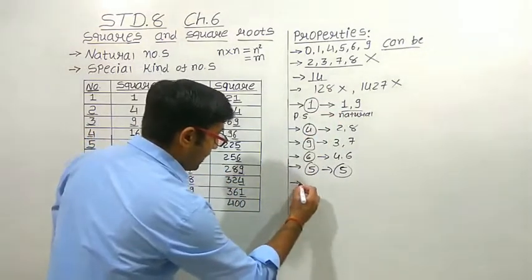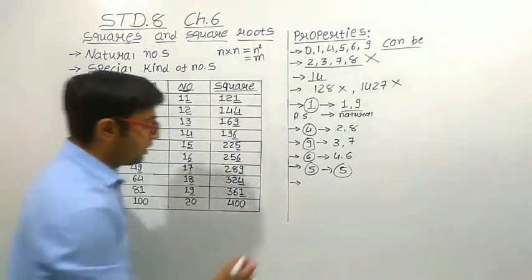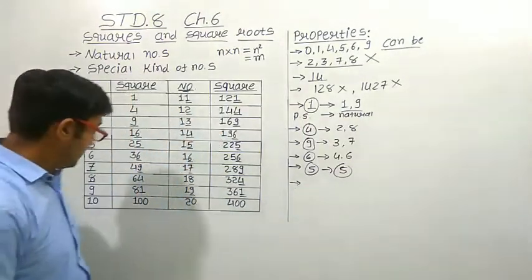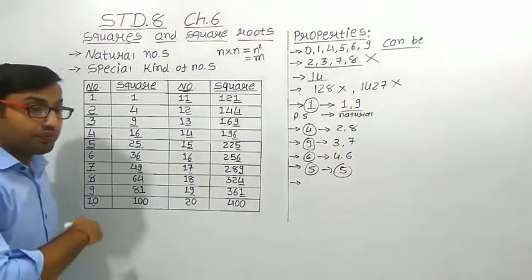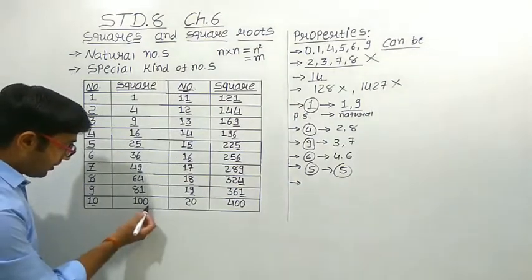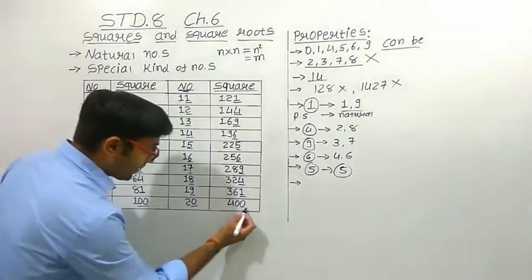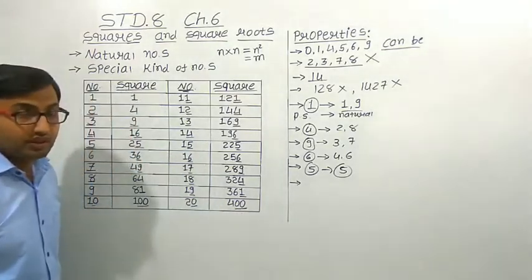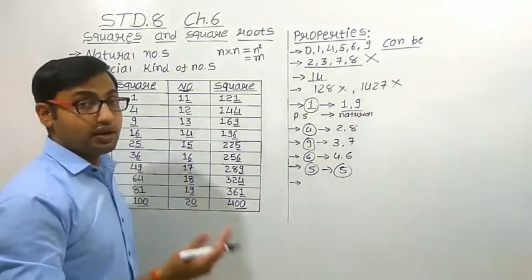Now, the last property: what will happen if there is a 0? See, there is a 0 in 10. When we find its perfect square, we get 2 zeros. When we have one 0, the perfect square has two 0s. That means the number of zeros will be doubled in the perfect square number.